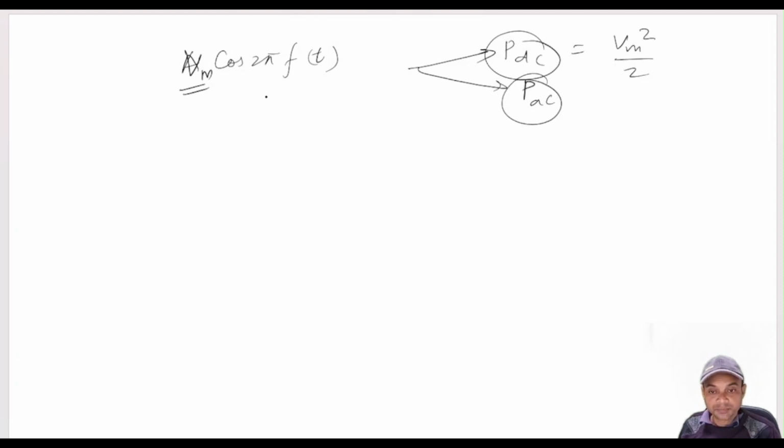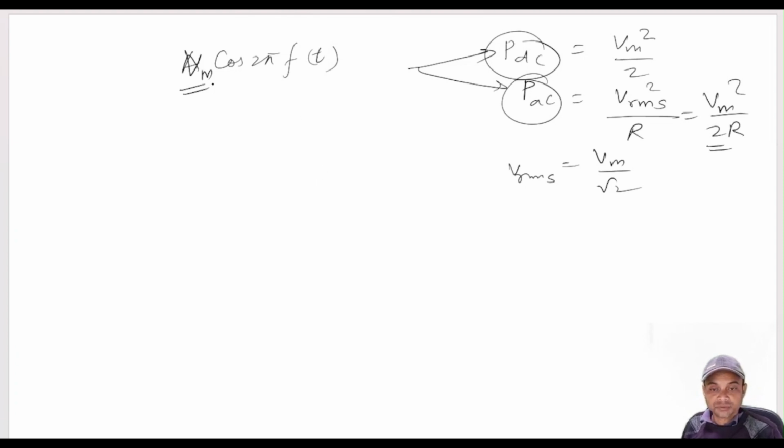And what will be the PAC? PAC is defined by the resistance we are using: Vrms whole square divided by R. And what will be the Vrms? Vrms is basically Vm by root 2. It means PAC is basically Vm square by 2R.